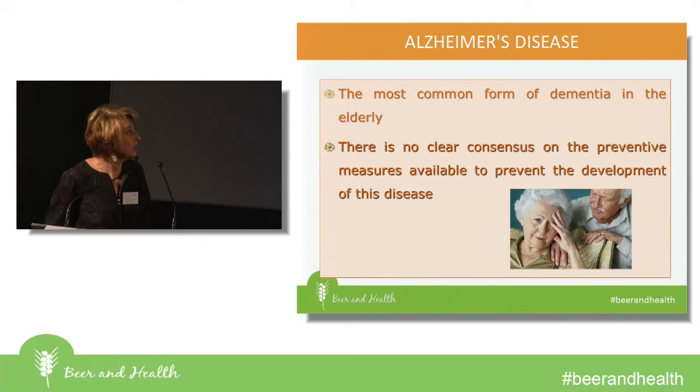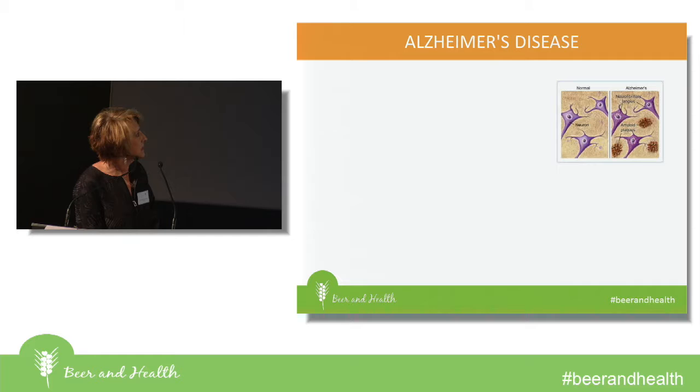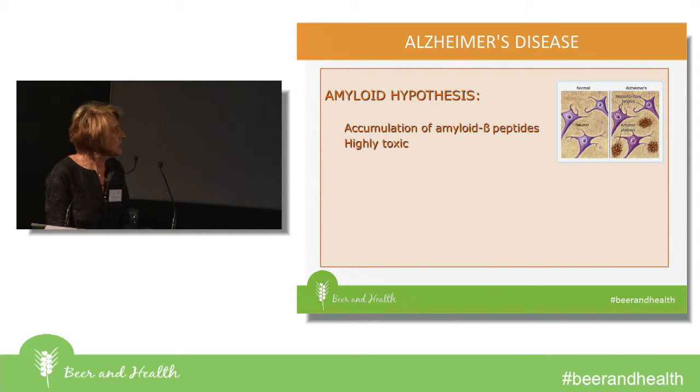Alzheimer's disease is the most common form of dementia in the elderly. There is no clear consensus on the preventive measures available to prevent its development. We also have different hypotheses that justify this specific Alzheimer's disease. I think the most possible one is the amyloid hypothesis.